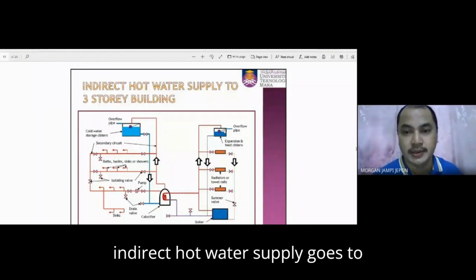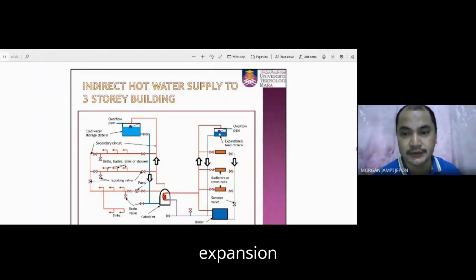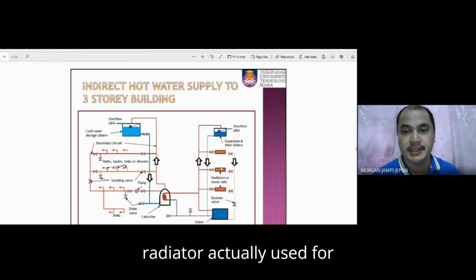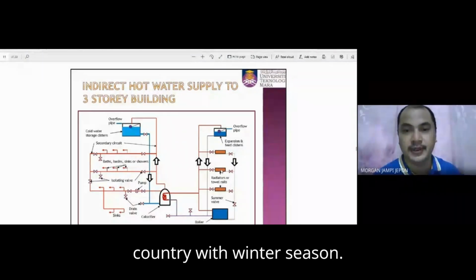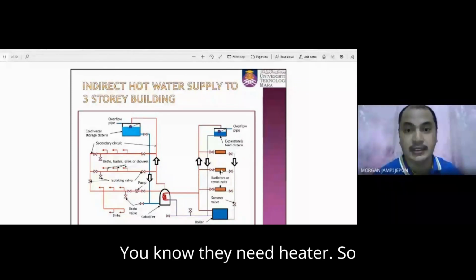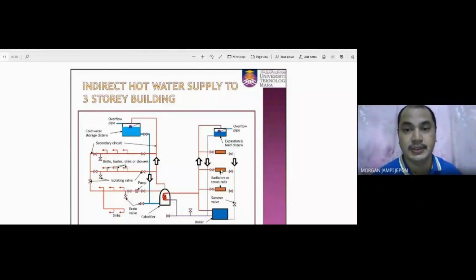The indirect hot water supply goes to the expansion and feed system first, then it goes to these radiators or towel rail. This radiator is actually used for countries with a winter season. They need heating, so this hot water is supplied to this heater.